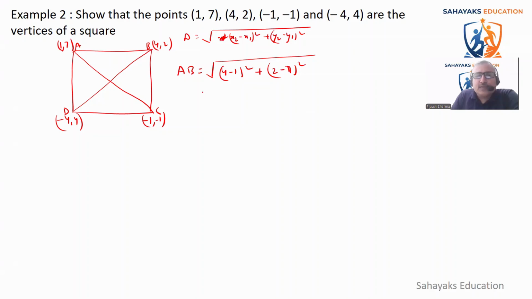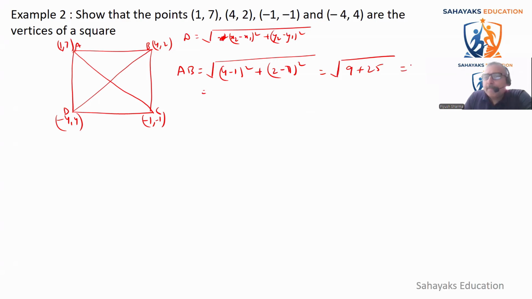So 4 minus 1 is 3, 3 square is 9, plus 2 minus 7 is minus 5, minus 5 square is 25. So 25 plus 9 comes out to be 34.